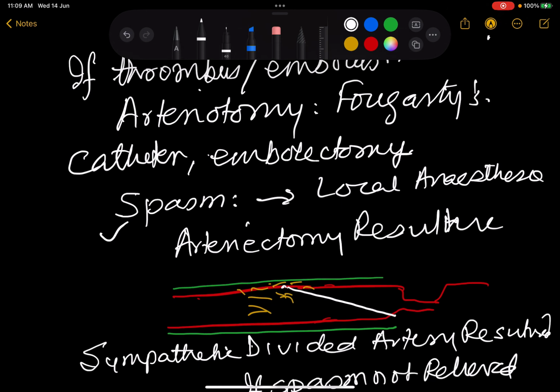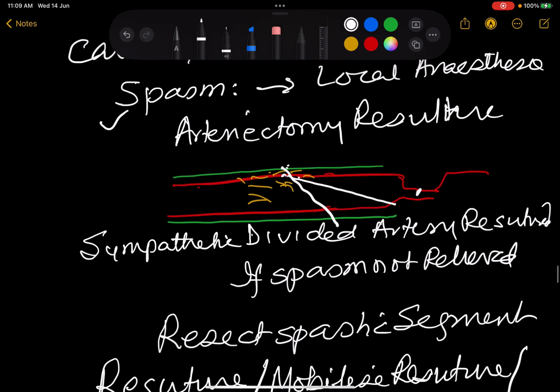You see, this is the adventitia, this is the artery, and these are the sympathetic fibers. So if you strip it like this, the sympathetic fibers will be cut and the spasm will be relieved. And you can resuture the artery, so the arterial circulation would be restored.